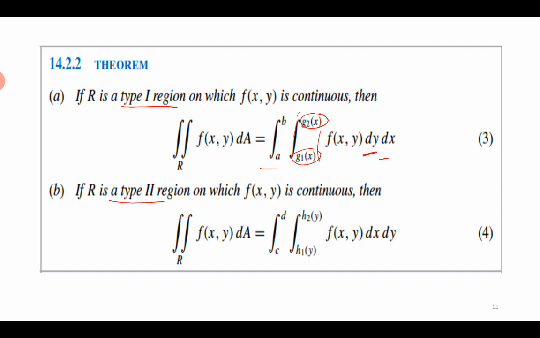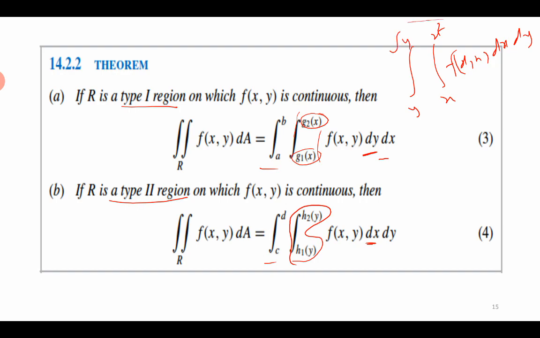Here in a type 2 region, we integrate with respect to x first, and the limit of x will be in terms of y, and the outer limits will be constants. And there is no such situation that both the limits will be variables, both the integrations. For example, f of xy dx dy, you cannot get x from x squared and y to root y. See, all the limits are variable.